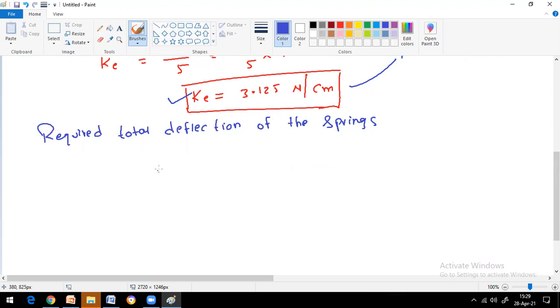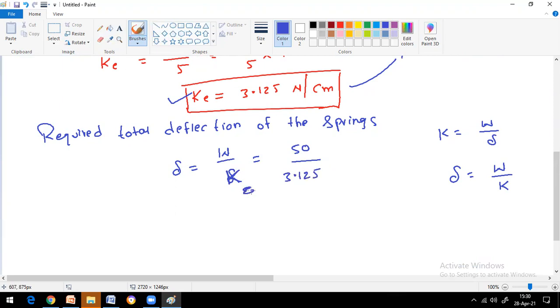You know the stiffness formula: K is equal to load by deflection, so deflection is equal to load by stiffness. What is the load? 50 Newton. And the equivalent stiffness is 3.125, so the deflection is equal to 16 centimeter, which is nothing but 160 mm.